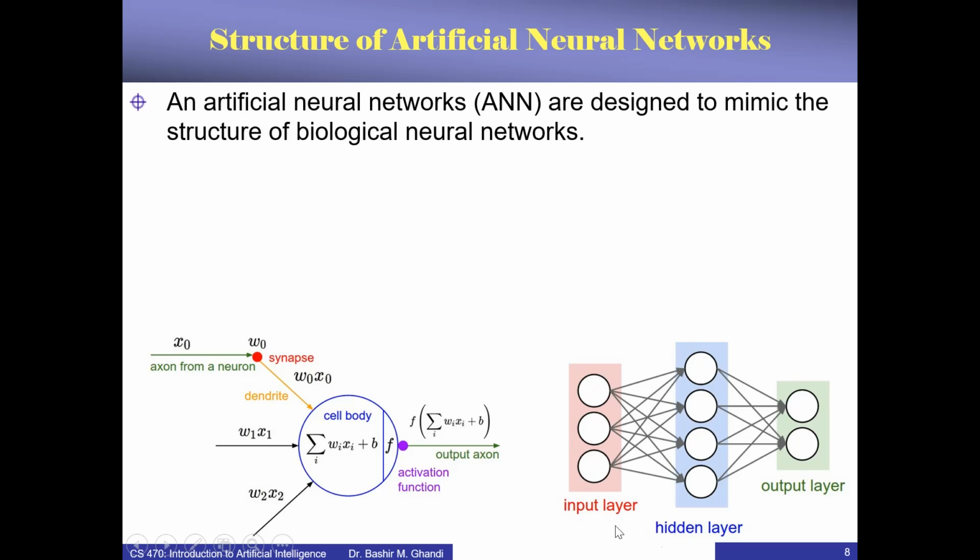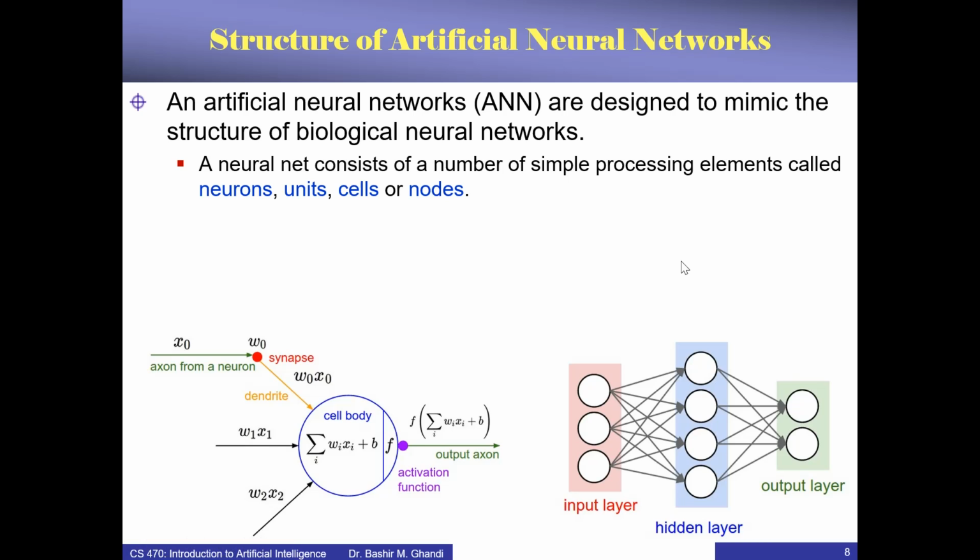We shall talk about this in a little more detail, but let's first look at the neuron itself. A neural net consists of a number of simple processing elements called neurons. Sometimes they are called units, cells, or simply nodes. This is an example of an artificial neuron, or just a processing element, or just a node.